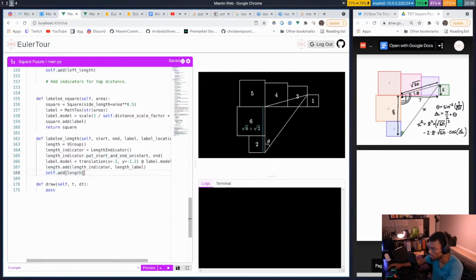And return this. It should be labeled length. Well, that's right, the name. Maybe group or something.